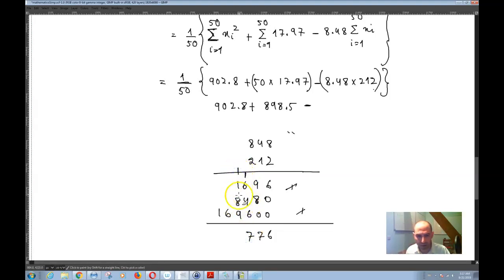So you have a 1 here, and then a 17 and 2, 19, and with 2 decimal places, that becomes 1797.76. You want to multiply this whole thing by 1/50.